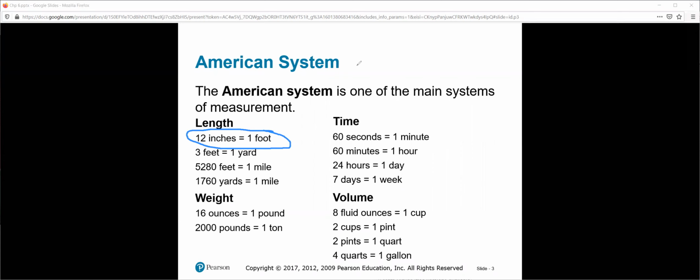That fraction being of the form 12 inches per 1 foot or 1 foot per 12 inches.